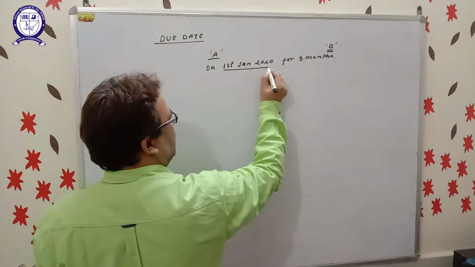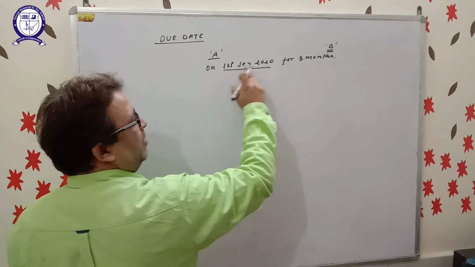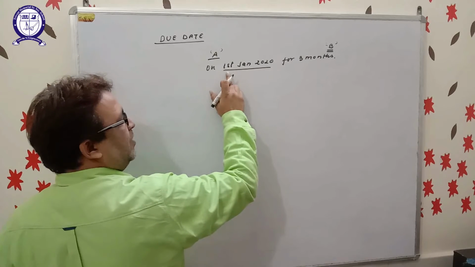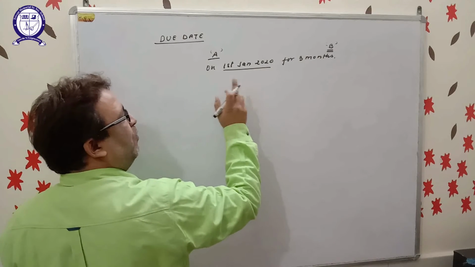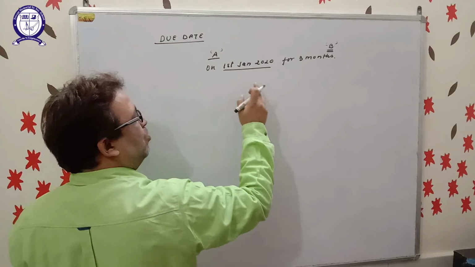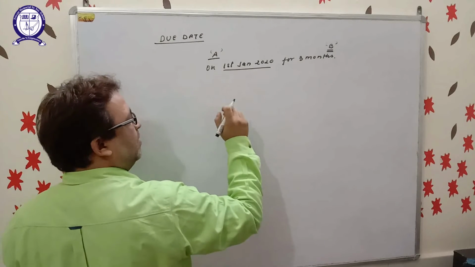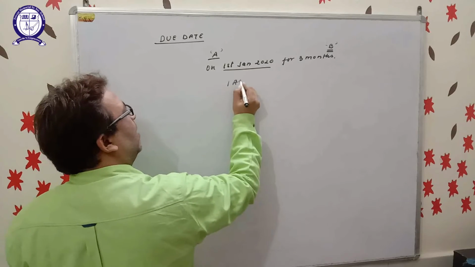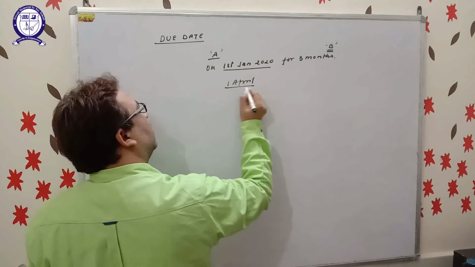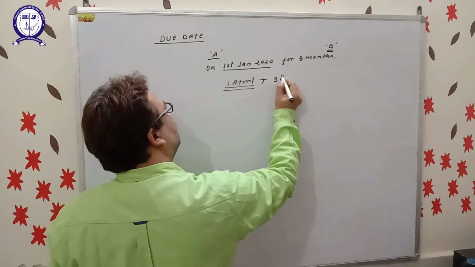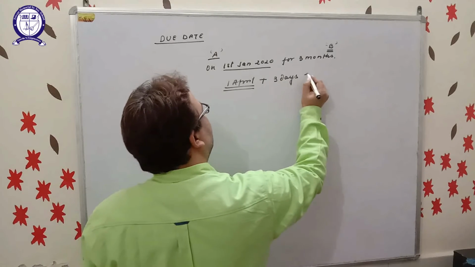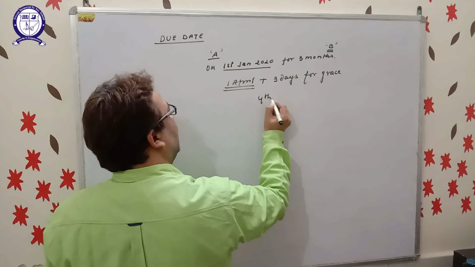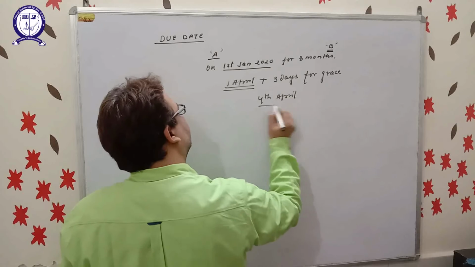Go forward from 1st January, count from 1st January. 3 months we have to count. 1st January to 1st February, 1 month. 1st February to 1st March, 2 months. 1st March to 1st April, 3 months. So 1st April, and 3 days for grace. We add 3 days for grace. So 4th April will be the due date.